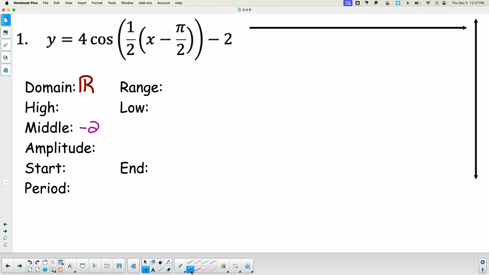Amplitude, 4. Which puts me at a high value of 2, a low value of -6, which gives me a range here, -6 to +2.